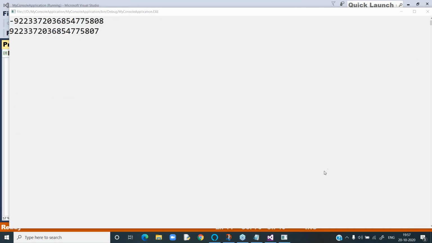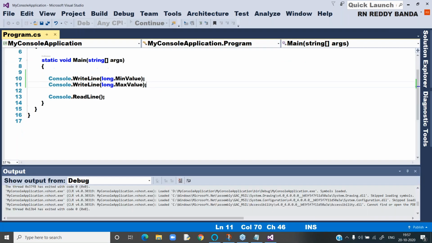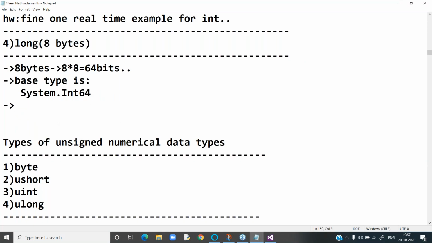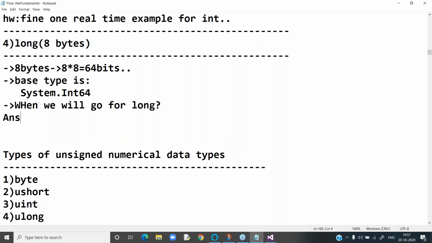Everybody clear? So when we are teaching a theoretical concept, we should go slowly. Now, coming back to our discussion, when will we go for long?